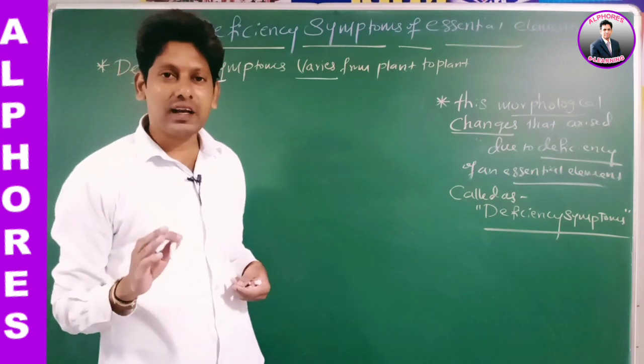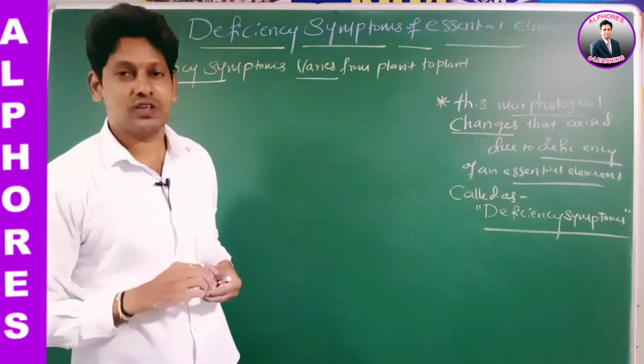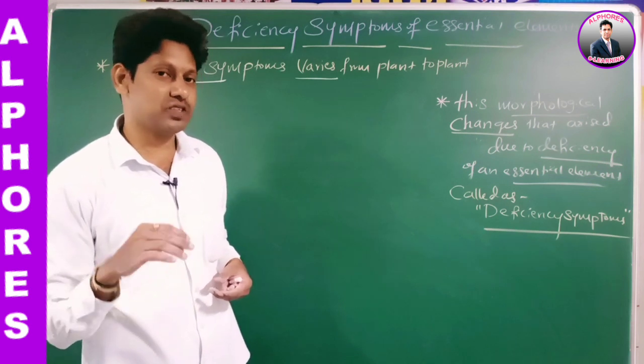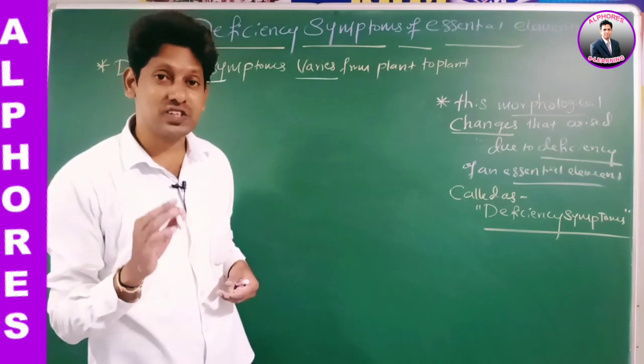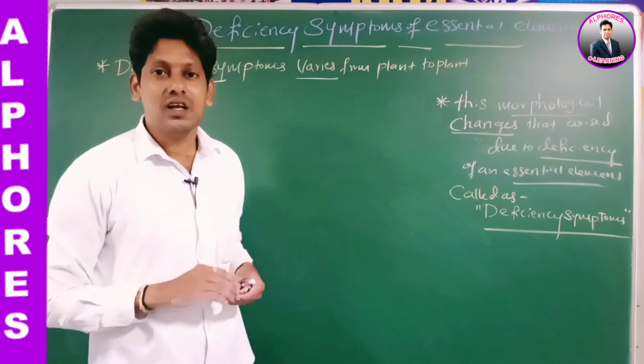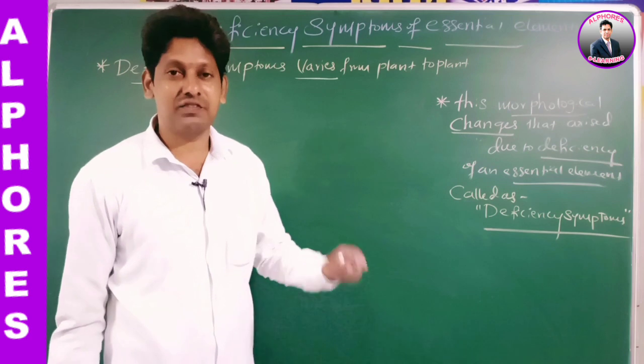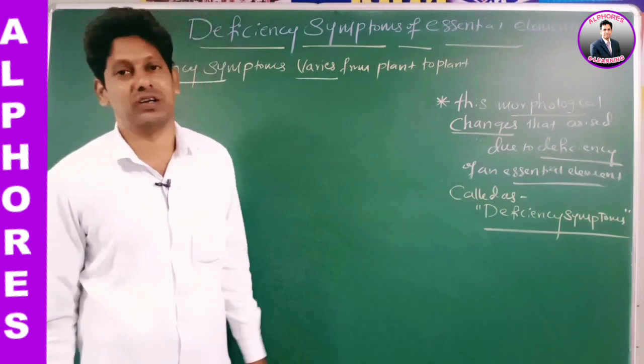Sir, how can we remove these deficiency symptoms? First you tell me, what is the reason these deficiency symptoms arise? Due to the deficiency of an essential element. If the deficient essential element is supplied, the deficiency symptoms can be removed.